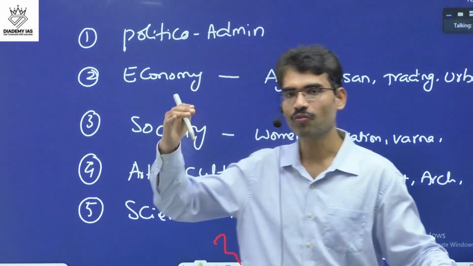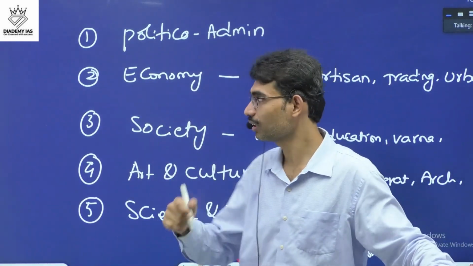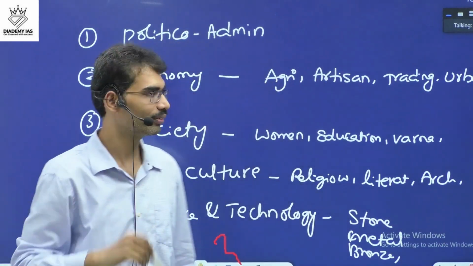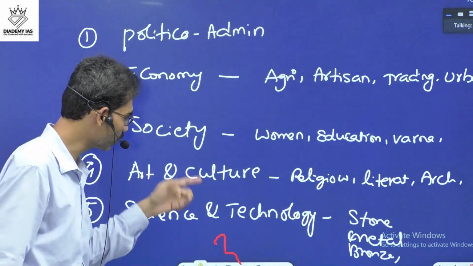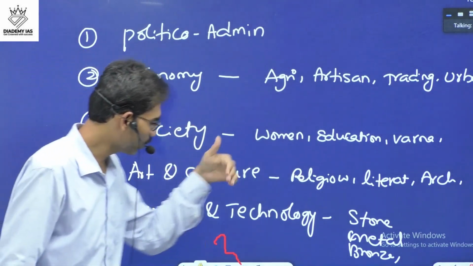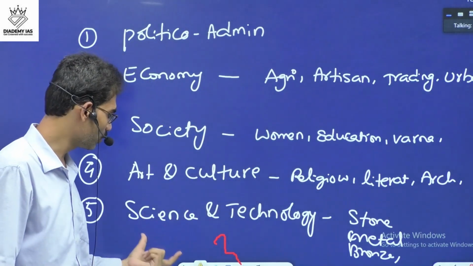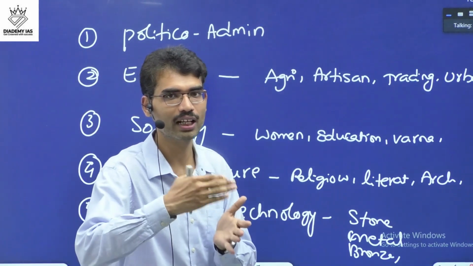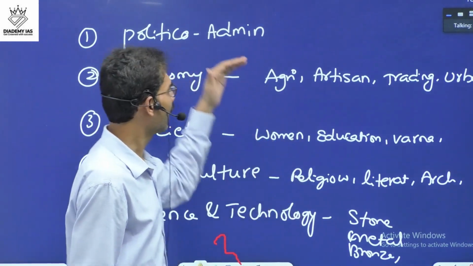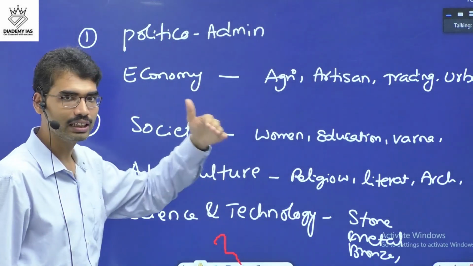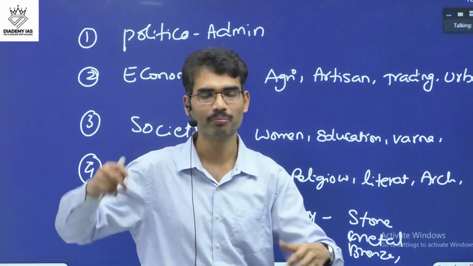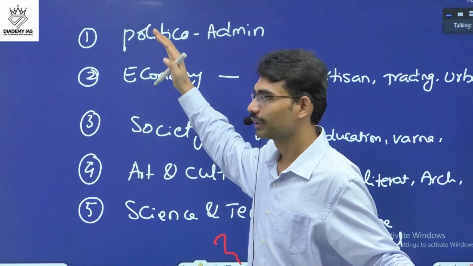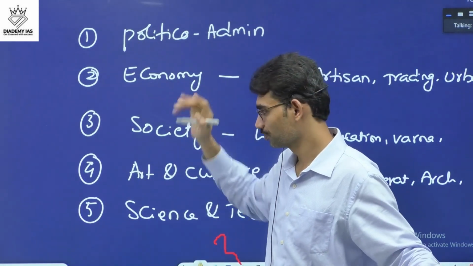Now you see how when human beings started progressing, more and more political administration we study, more and more economic activities, more complex society, more advanced art and culture, and more advanced science and technology. From one phase to the other phase, these things keep on changing, they improve on top of the previous trend. That is the first chapter, prehistoric.